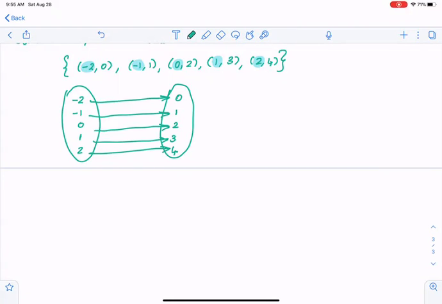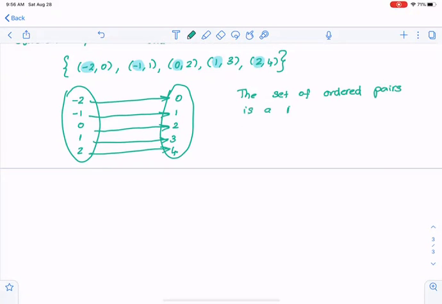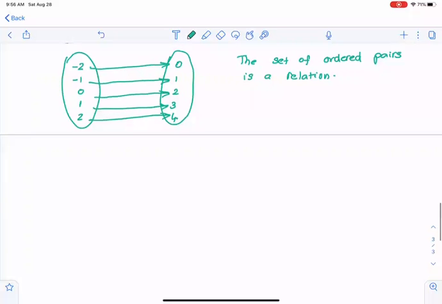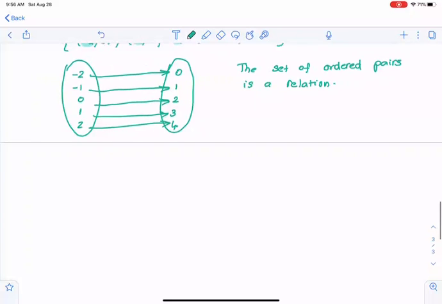Now, this is a relation. But we know we have x and y, and y in this case is x plus 2.